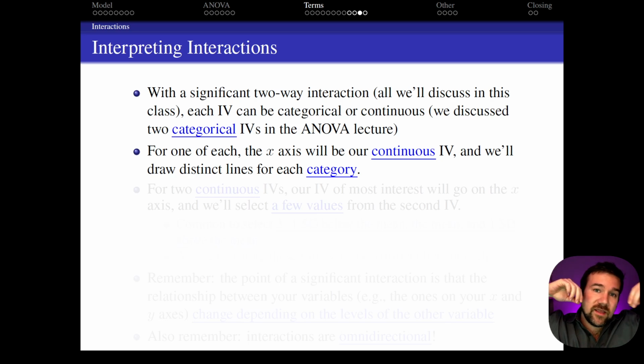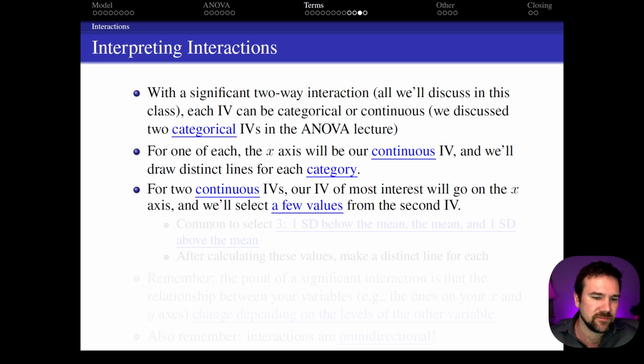Now, if you have one categorical and one continuous, I would recommend in your interaction plot letting your x-axis be your continuous independent variable and letting the distinct lines be for the different categories. So you'll have a different line for each category, and then your continuous independent variable and your dependent variable will be the structure of your interaction plot.